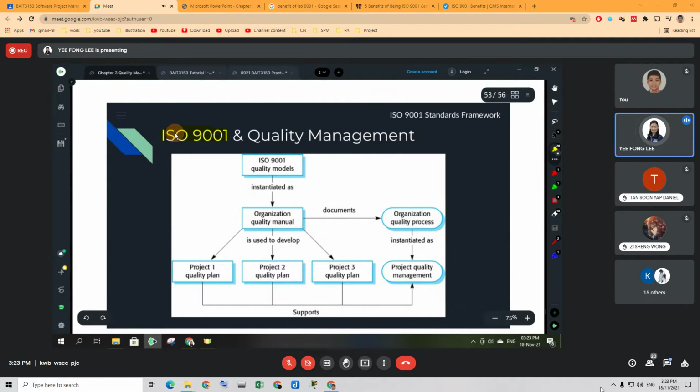But bear in mind, this standard focuses on ensuring that the organization has quality management procedures in place. There is no guarantee that an ISO 9001 certified company uses the best software development practices or processes, which might lead to high quality software.